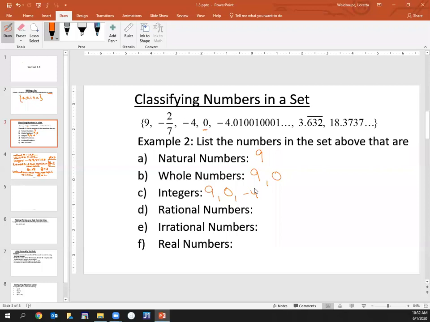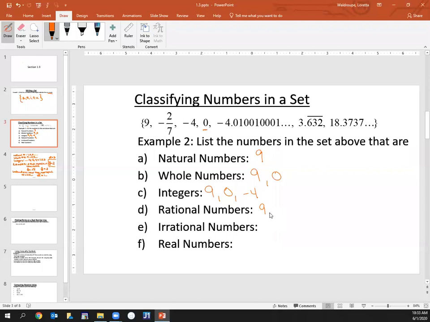Rational numbers, 9 stops. -2/7. What is that if you divide that into your calculator? Think about it. Divide it in or work it out by hand, okay? Either way, whichever way you want to go.